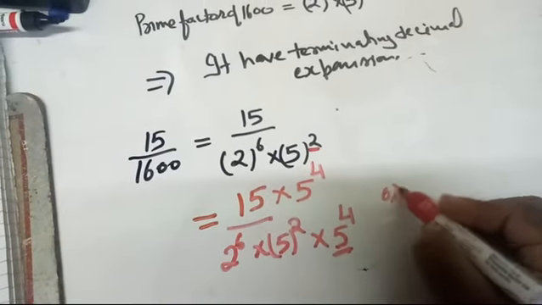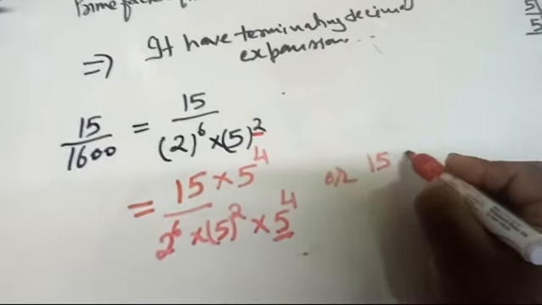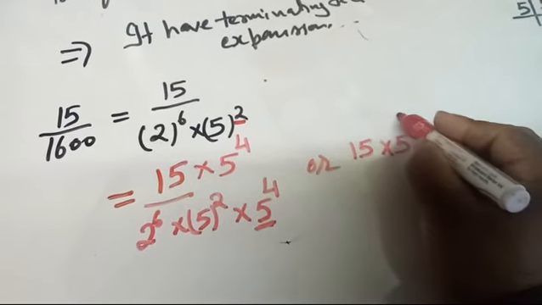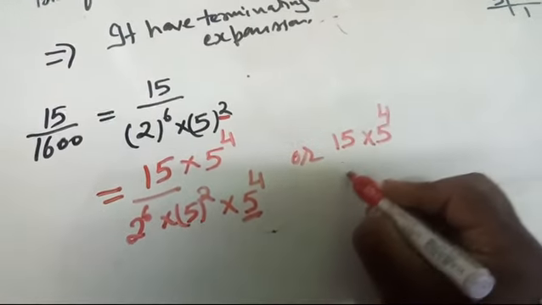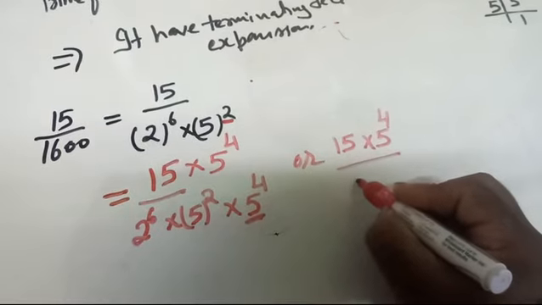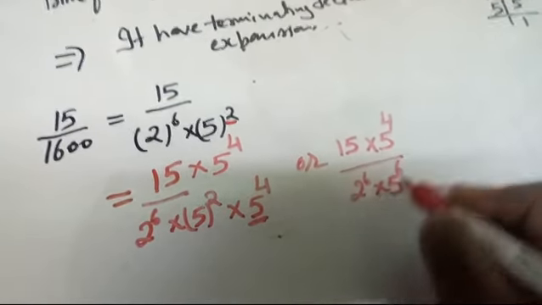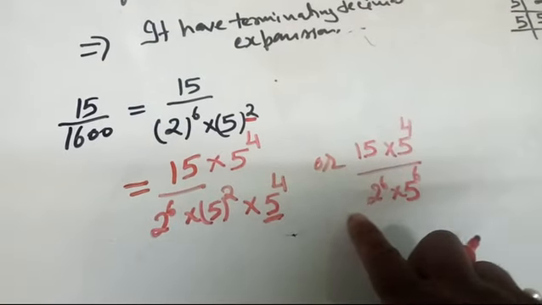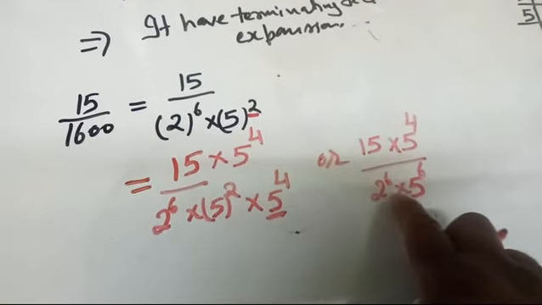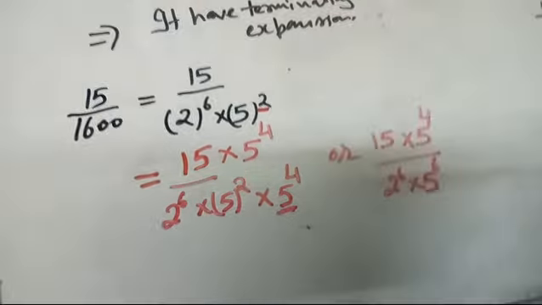So the number becomes 15 into 5 raised to power 4 upon 2 raised to power 6 into 5 raised to power 6.